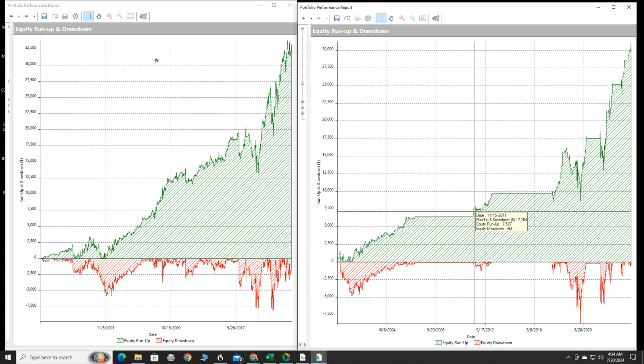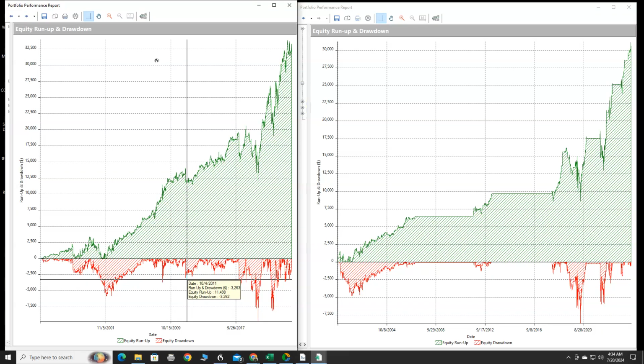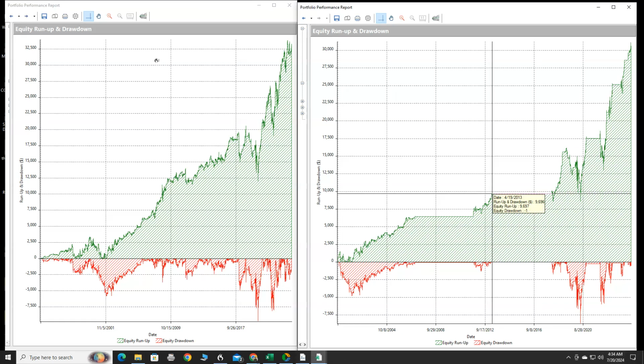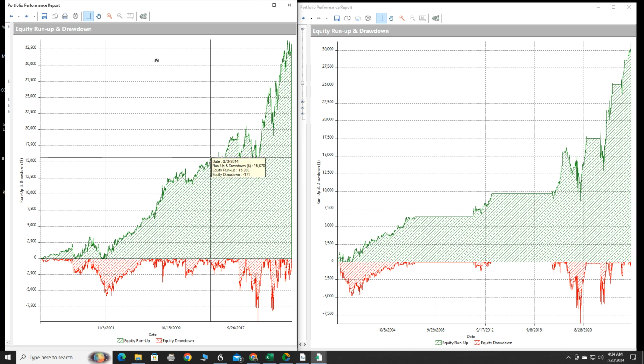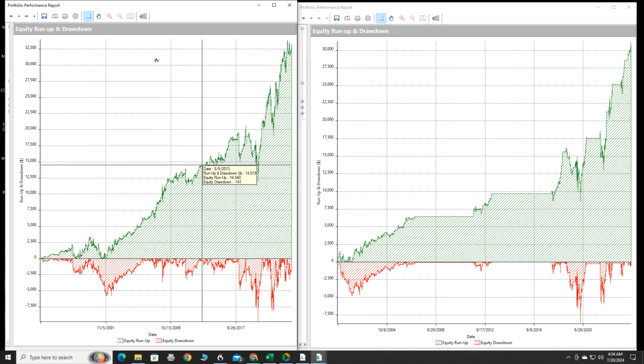And it started trading again. You see it around November of 11. And here you can see you got your equity drawdown, and it started trading on this dip until you got an equity peak again, 2013. And that's where you're going to get that equity peak right here. That's when it stopped trading.